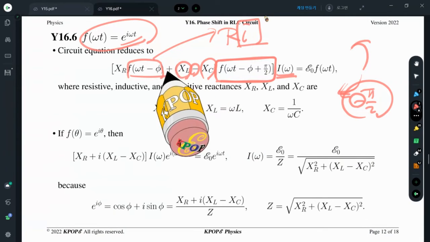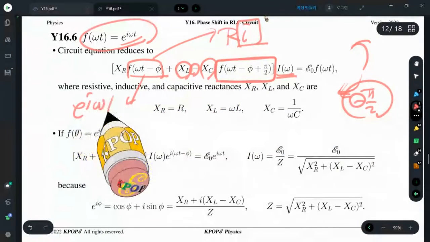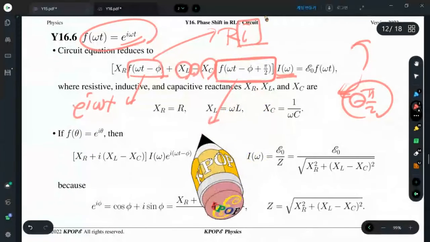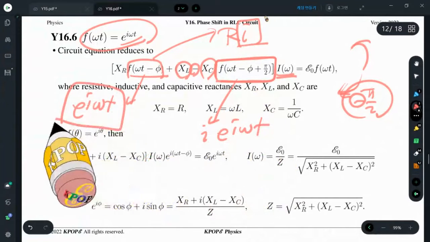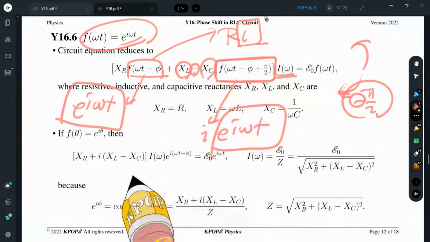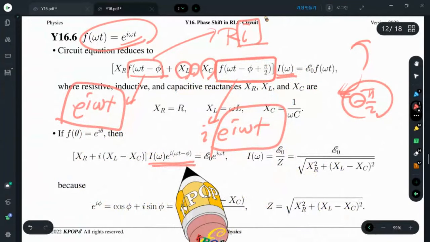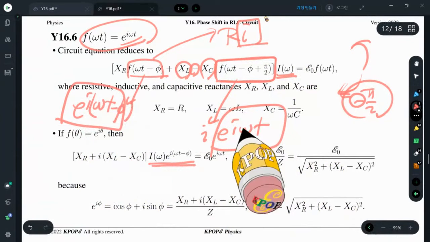Okay. Therefore, because it is e to the i omega t, and this one is i times e to the i omega t, this e to the i omega t can be factored out in this form, including the phase for the current.